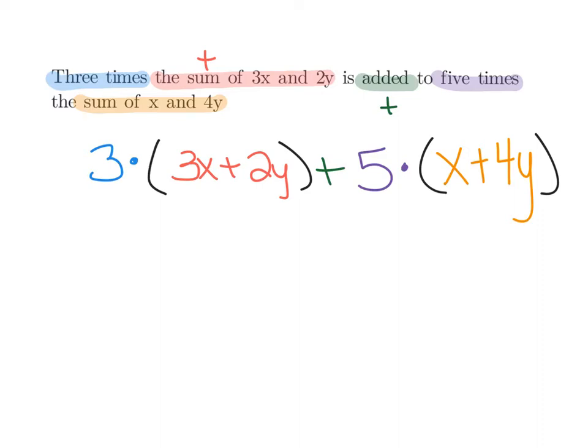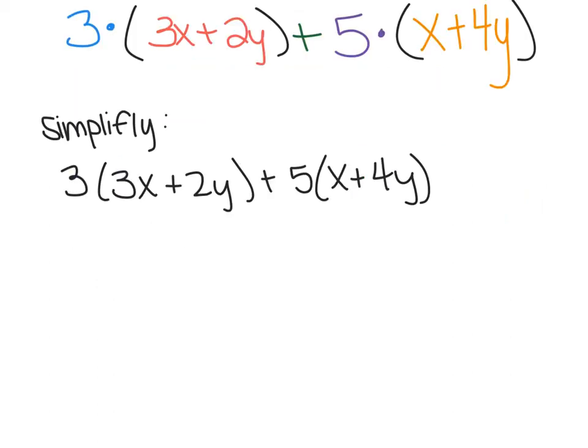So here is our expression now in words, and we are going to simplify it using our properties. So I'm just going to rewrite it. Okay, so I'm going to start with this right here. This was the property that we learned yesterday, the distributive property.